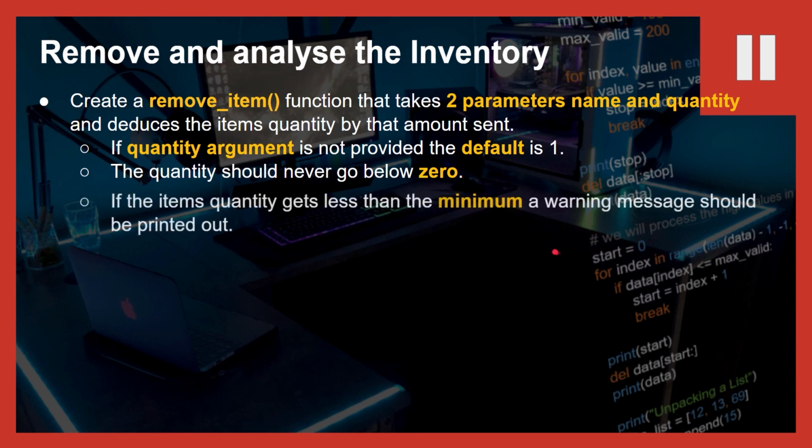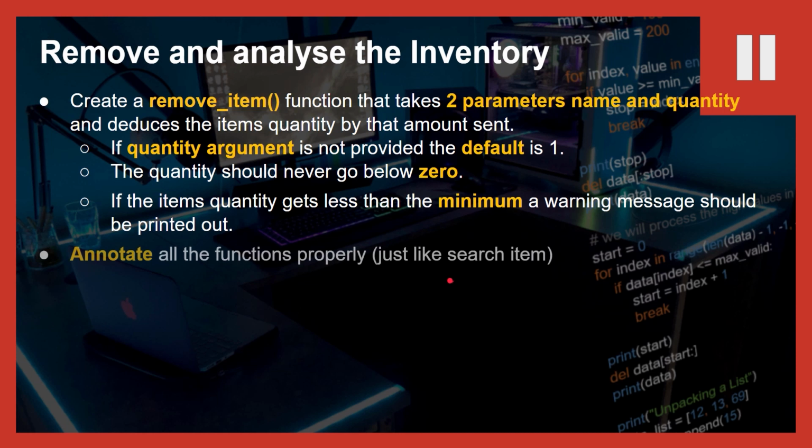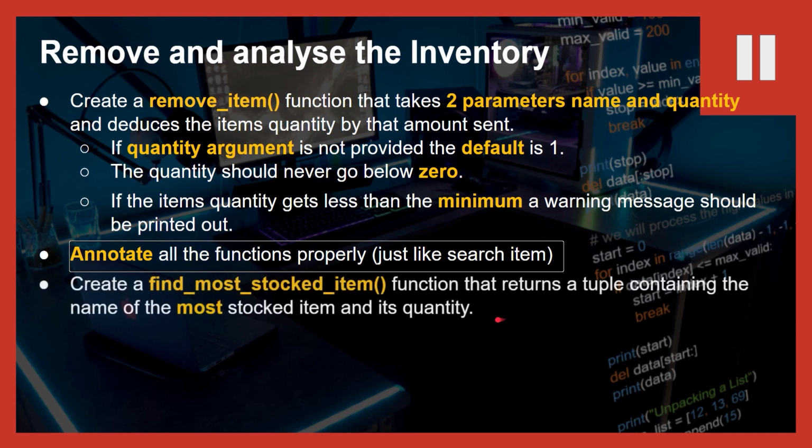And finally, if the item's quantity gets less than the minimum, or in the minimum stock, a warning message should be printed out. Next, you'll need to annotate all the functions properly, just like I did with the search item function. Create a find most stocked item function that returns a tuple containing the name of the most stocked item and its quantity.